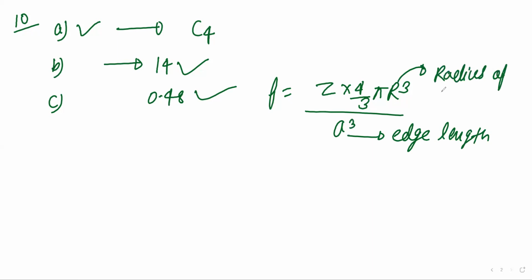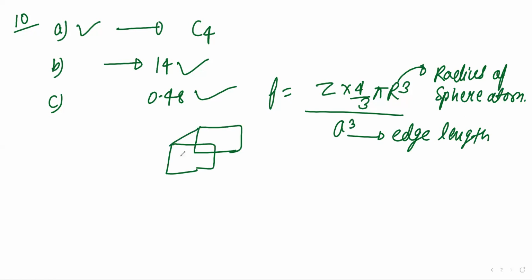Because this is your cube, this is called a. If we put an atom here, the radius of this atom will be r. Understood?